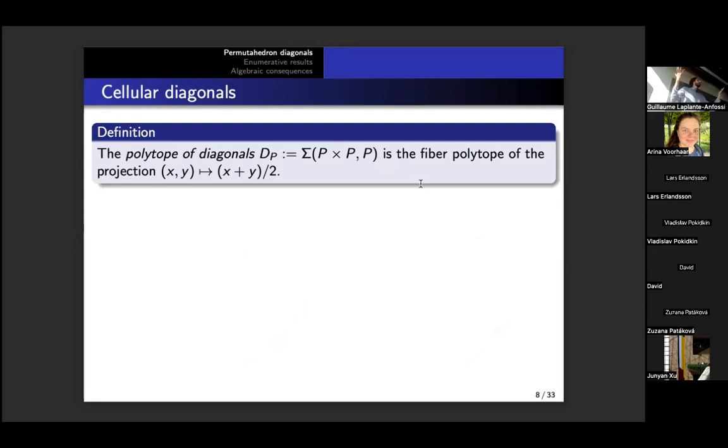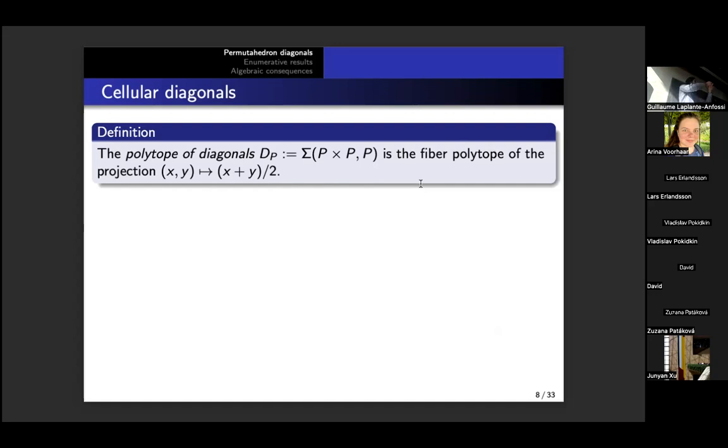So first, how do you find such an approximation? There's a beautiful theory, which is called the theory of fiber polytopes, from Billera and Sturmfels in the 90s, who introduced the fiber polytope. So if you start with any affine projection of polytopes, there is another polytope which is associated to it, and which is made by averaging the projection over the fiber.